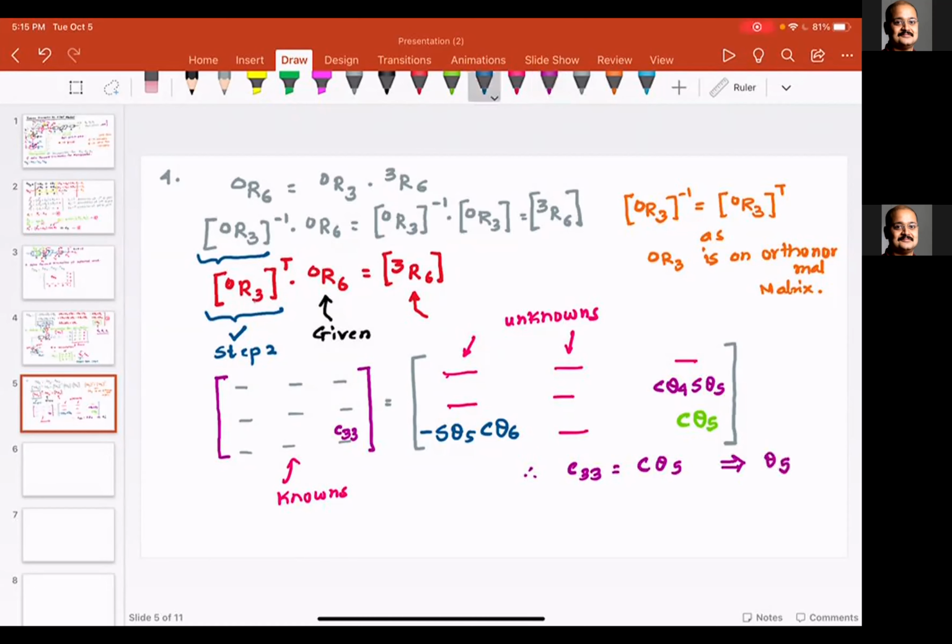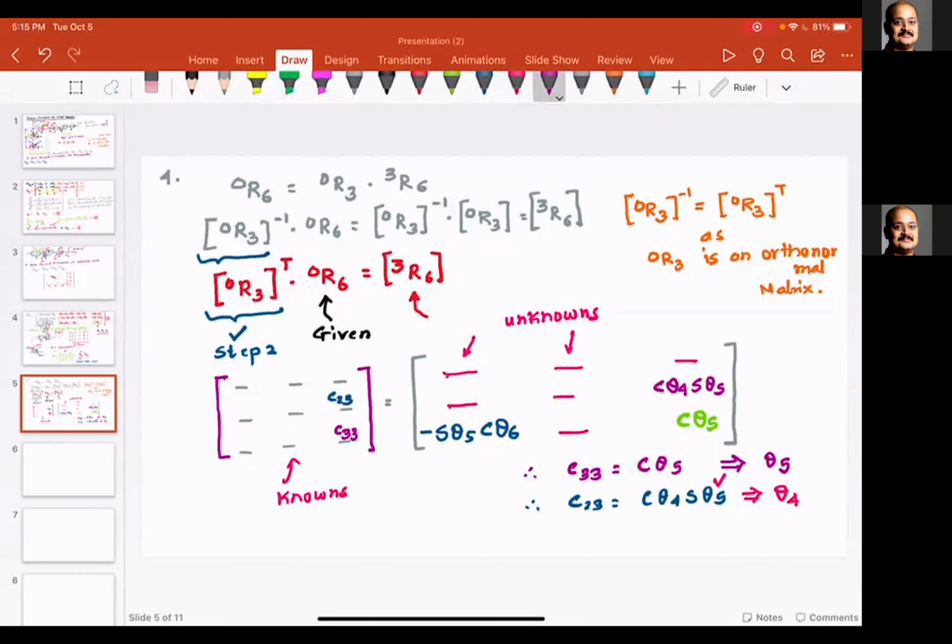Once I know the value of theta 5, I can go to C23. C23 is equal to cosine theta 4 sine theta 5. Since theta 5 is known, sine theta 5 can be known, and from cosine inverse, I can find out the value of theta 4.